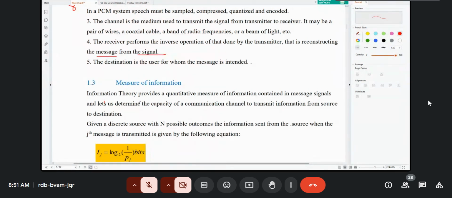We are saying the capacity of a channel is based on this measure of information.